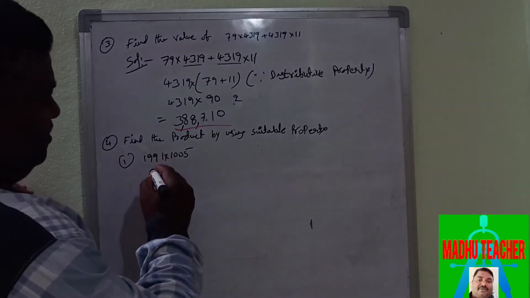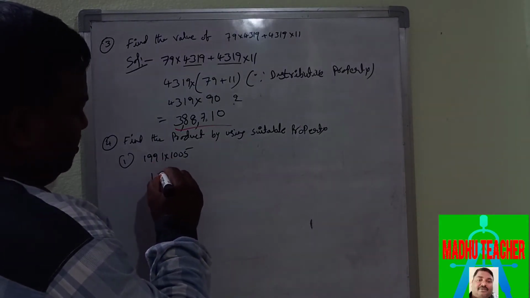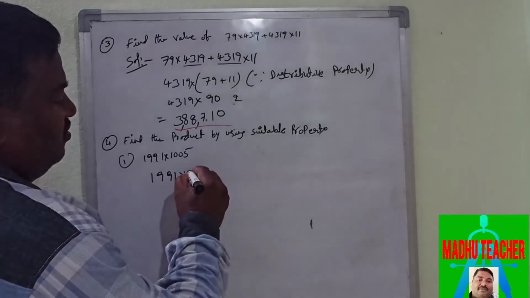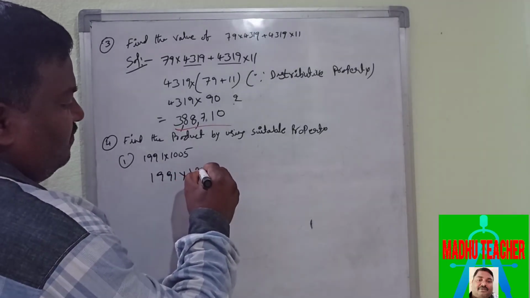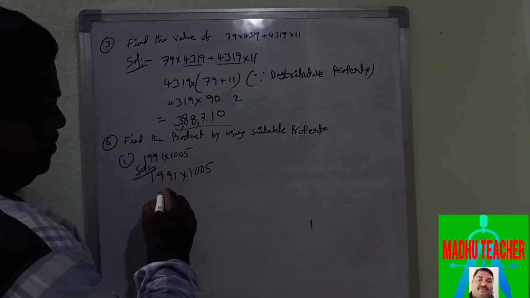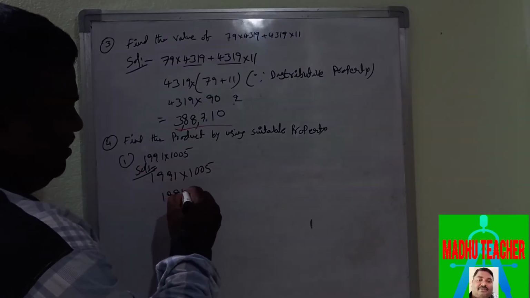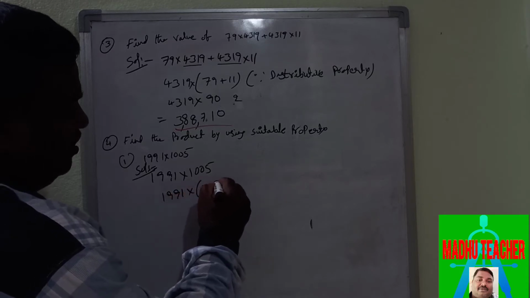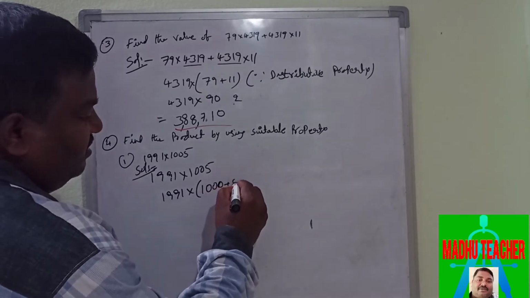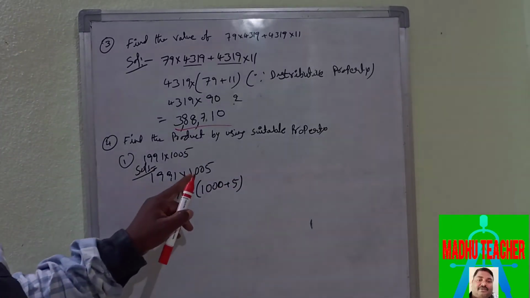Next question, find the product by using suitable property. So given one is 1991 into 1005. So this we can write as 1991 into 1000 plus 5. This is 1005.